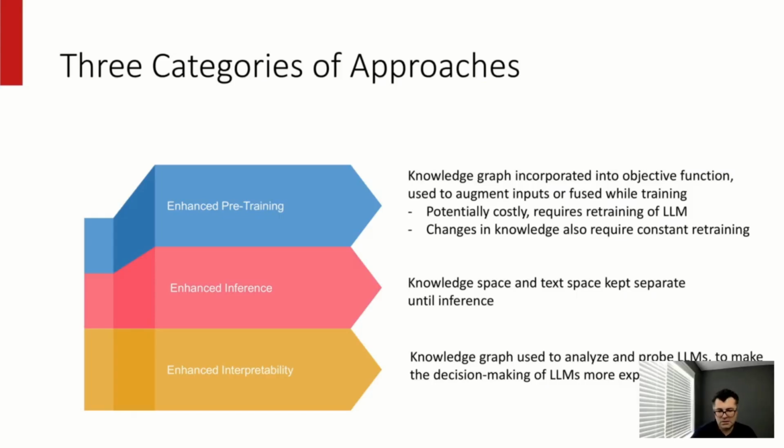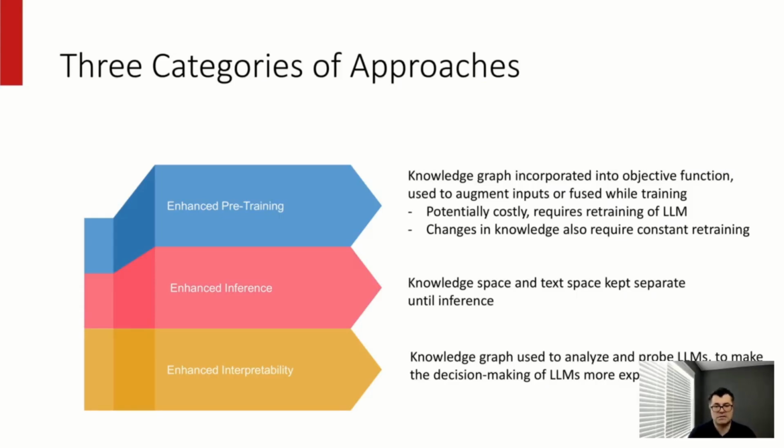Now, the issue here is that knowledge evolves, it changes. So these enhanced pre-training methods always have to do some amount of training. In some cases you have to train the model from scratch, which is very costly, and you can only do that with very small models. Then there are other approaches that will work with just fine-tuning.